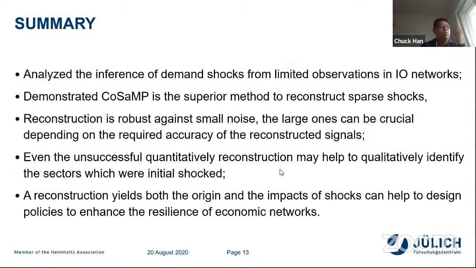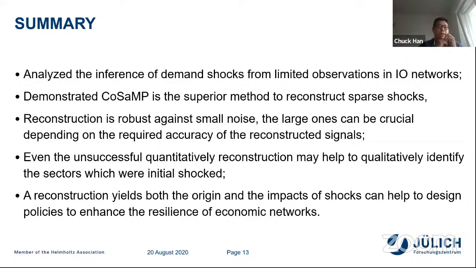So, a quick summary of what we have done so far. We have shown that it's possible to reconstruct the demand shock in an input-output network. We showed CoSaMP is a better method among the other 2 we tested. The algorithm itself is robust against small noise, but when the noise is large enough, such reconstruction becomes unlikely.